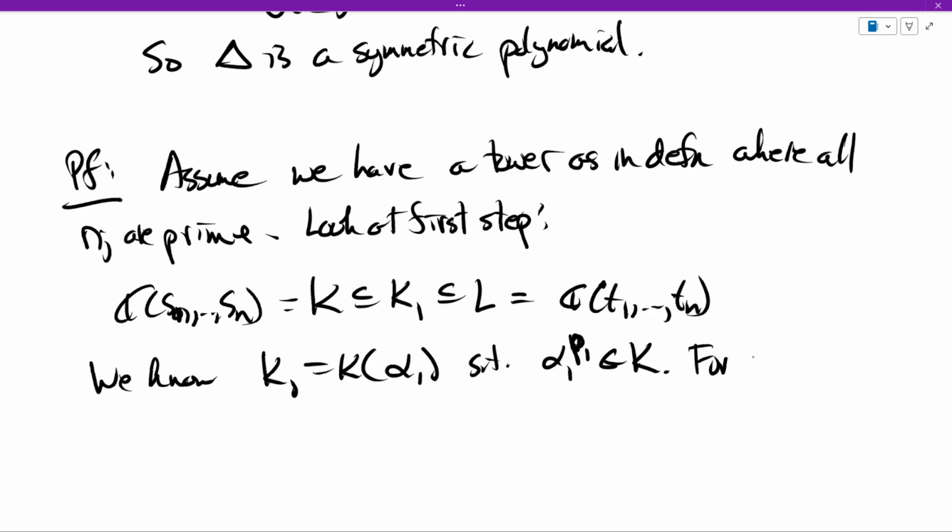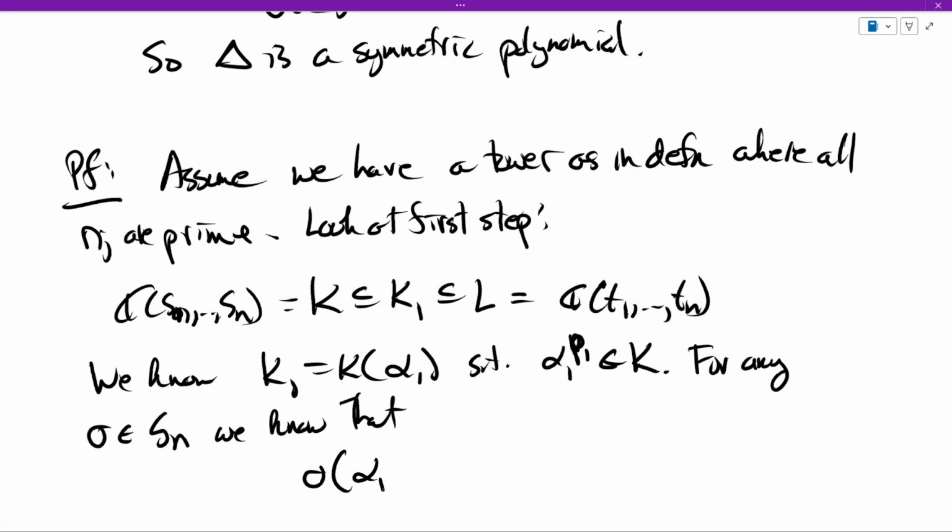Well, for any sigma in Sn, we know that sigma of alpha 1 to the p1 is going to be sigma of alpha 1 to the p1. It's an automorphism, so it behaves nicely with respect to multiplication. But alpha 1 to the p1 is in K, so it's invariant under sigma. It's fixed by sigma. So this is just alpha 1 to the p1.